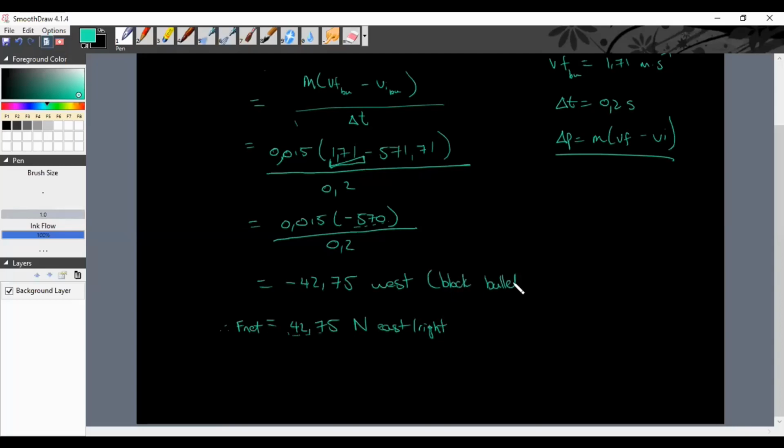Like I say, we get the negative answer because the F net of the bullet inside the block would be negative 42.75 newtons, west. But the force that the bullet exerts on the block is 42.75 newtons east. The only way you can get that right is if you comprehend that the bullet was going towards the block in an easterly direction. The block doesn't exert a force on the bullet in this case.